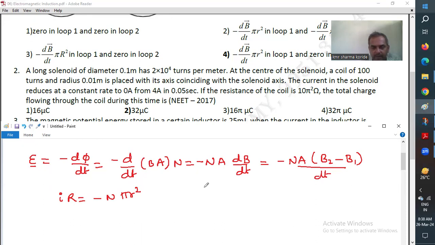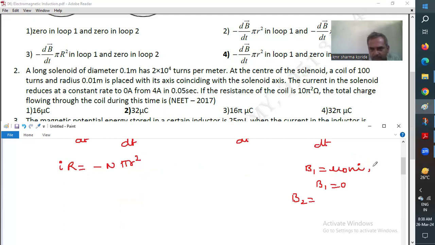Then B2, B1 you can separate. B1 is equal to mu naught n i. So i is 0 in the first case, therefore B1 will be 0. For B2, the small n is number of turns per length. Since current is 0, the entire quantity becomes 0.